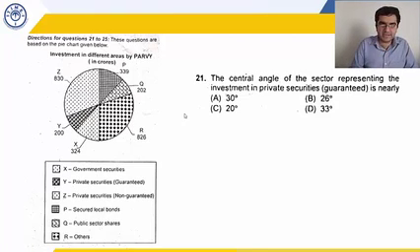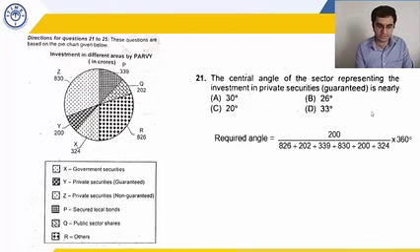Central angle of the sector representing the investment in private securities guaranteed. Okay, so private securities guaranteed is Y. Y is 200.